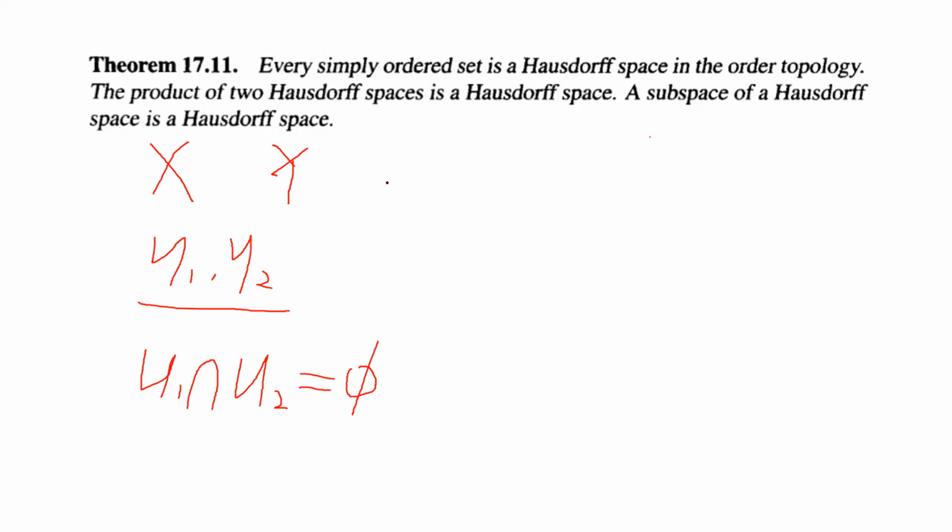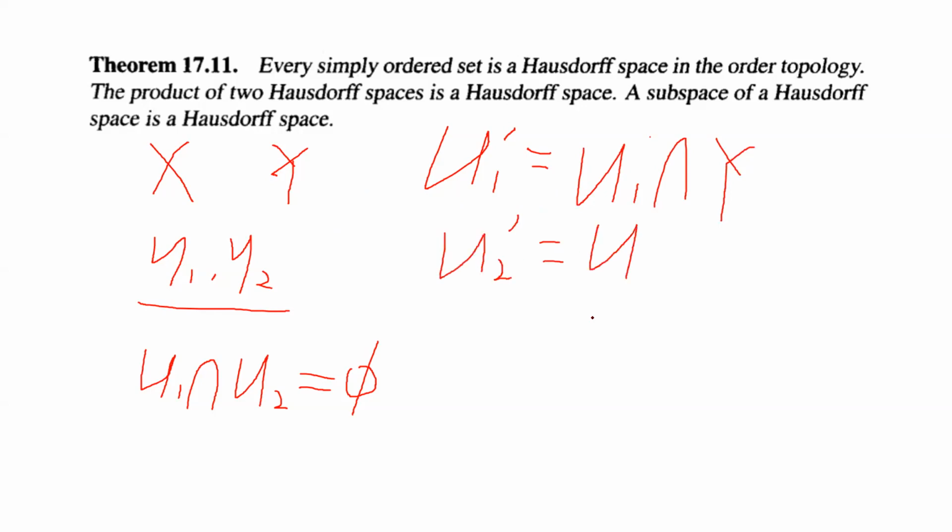By the definition of the subspace topology, there exist two open sets in the subspace topology on Y, where U1 prime equals U1 intersect Y. Since y1 is an element of Y and U1, y1 belongs to U1 prime, and y2 belongs to U2 prime.